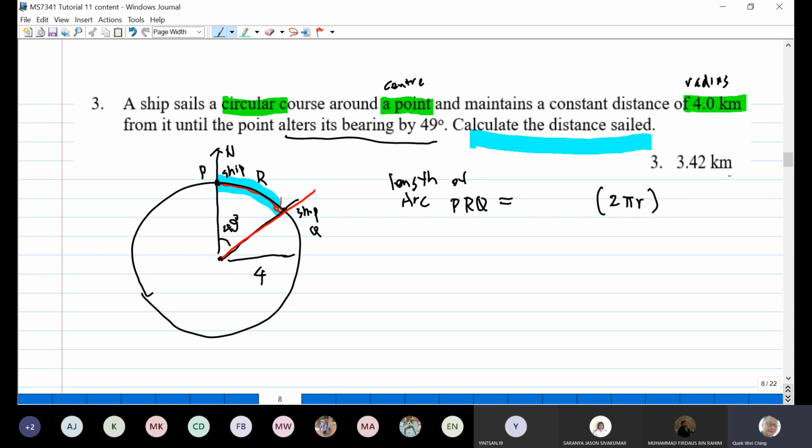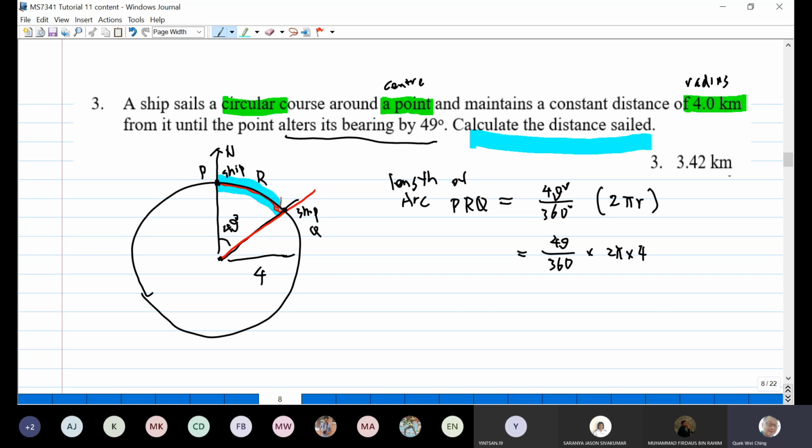The portion is proportional to the angle, which is 49 out of 360. So you get 49 over 360 times 2 pi r. R is equal to 4. The radius of the circle is 4 here.